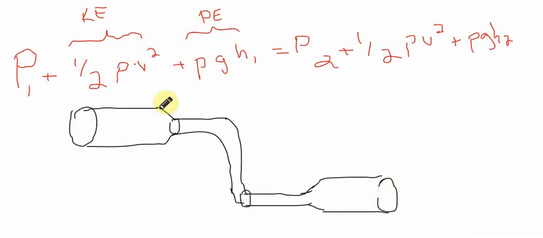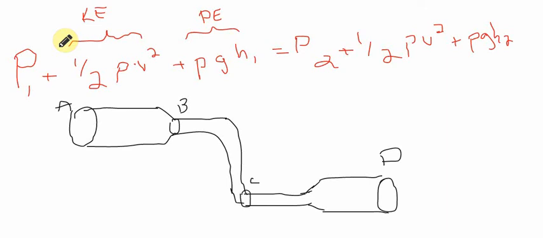Okay, so we'll just say this is point A, this is point B, this is point C, this is point D.